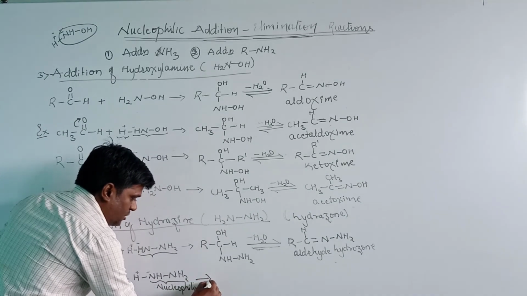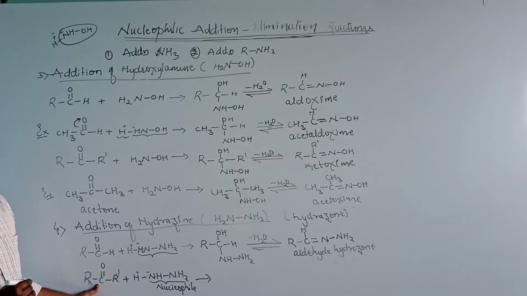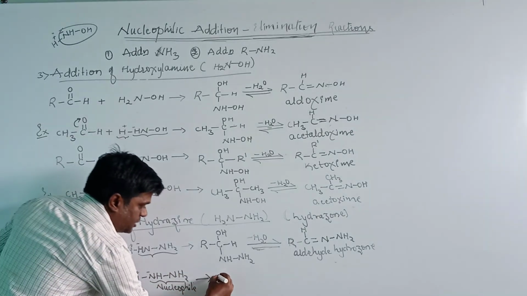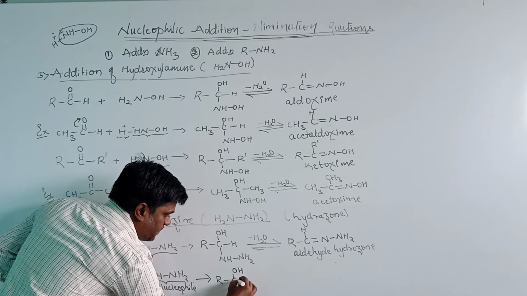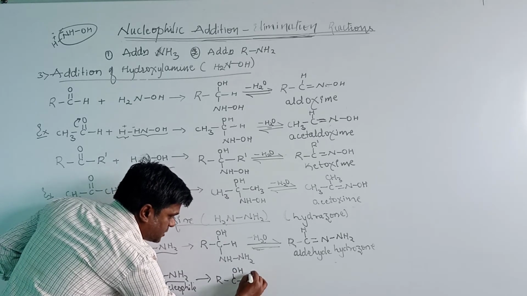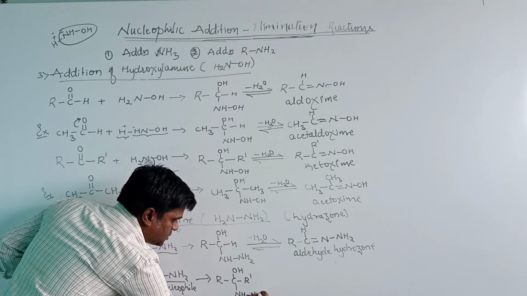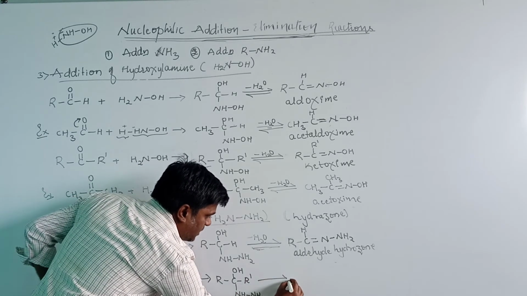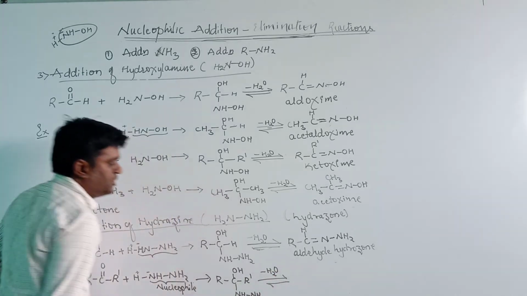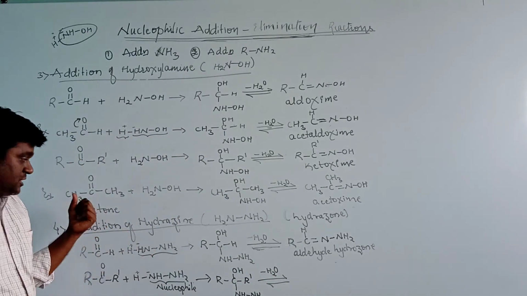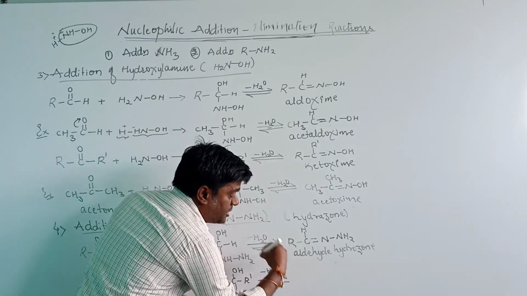The nucleophile will attach to the positive center that is present at the carbon atom, and give the addition product R C(OH) R dash and NH NH2. Further it will undergo dehydration, that is the removal of water molecules. An elimination reaction will take place here to form the compound hydrazone.